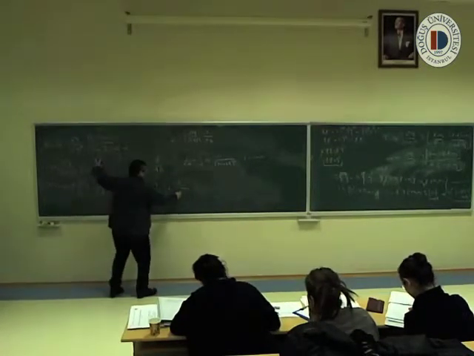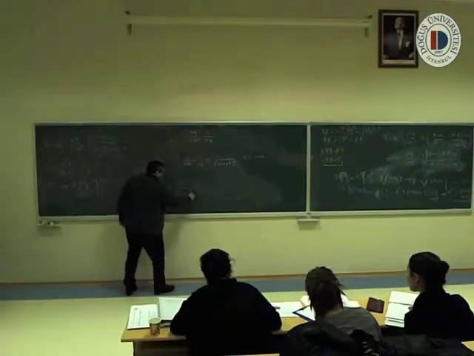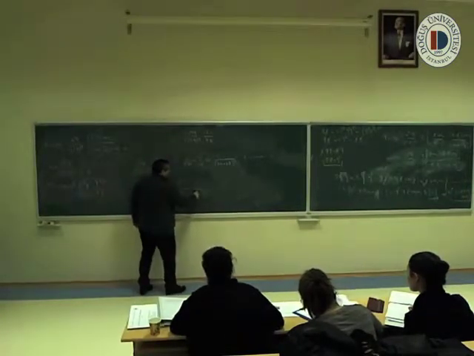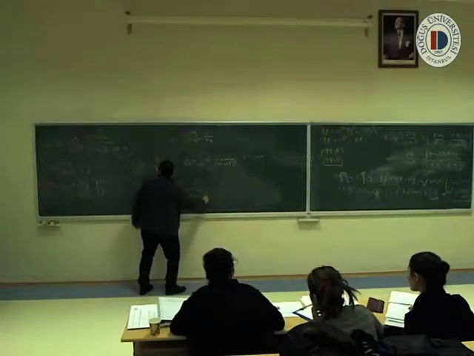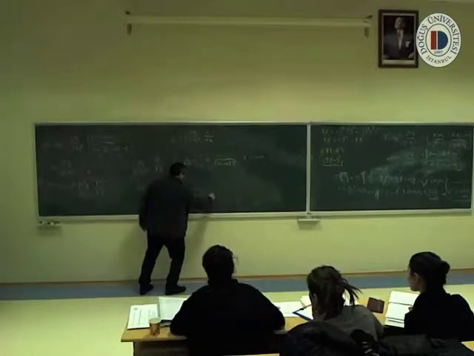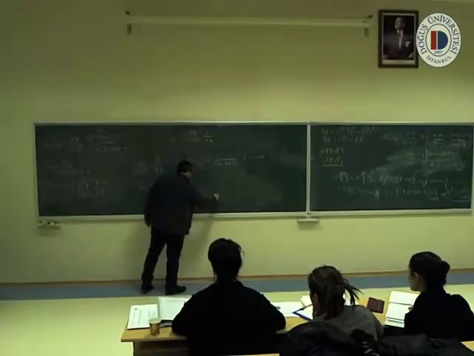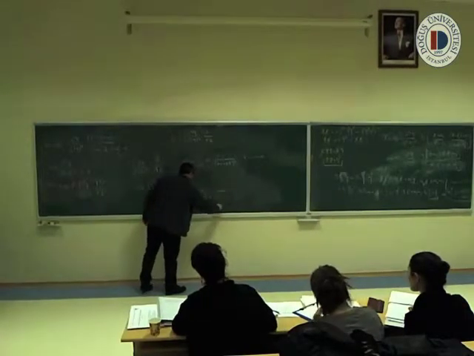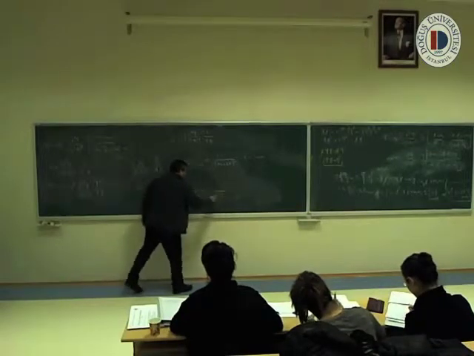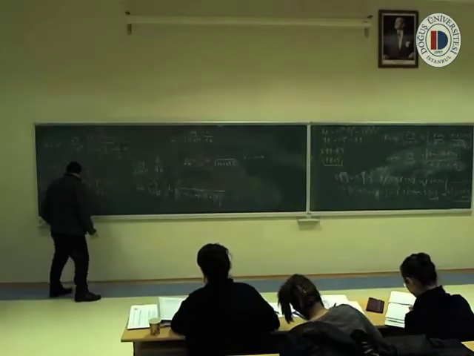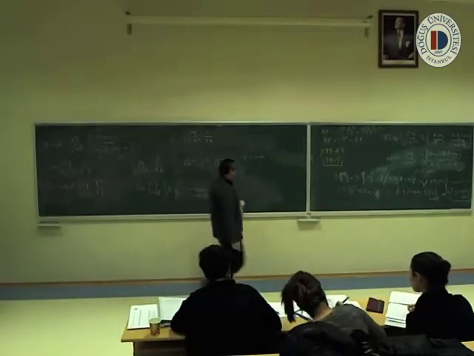Our a was q square minus m1 square, times x plus b. b was (q minus p) square minus m2 square, times x bar. Now we expand this denominator.